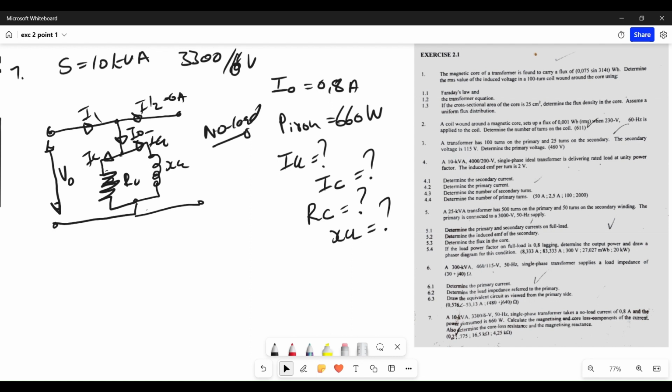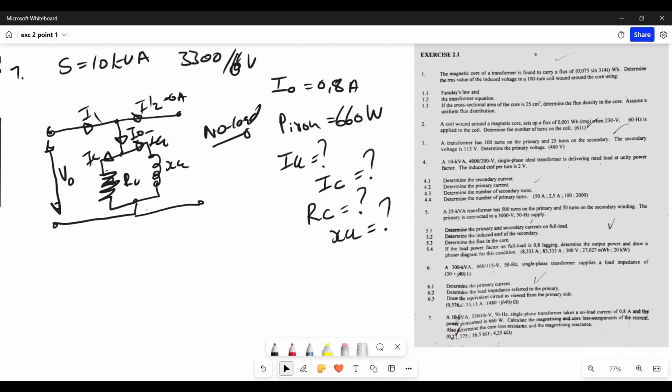So how are we going to start and solve the question? It's very interesting. One thing I can tell you about open circuit test and short circuit test is that in the industry, when we do the open circuit test, we connect our testing instruments on the low voltage side and leave the high voltage side open. That's how we do it in the industry, not theoretically.